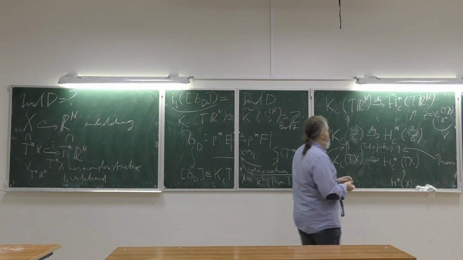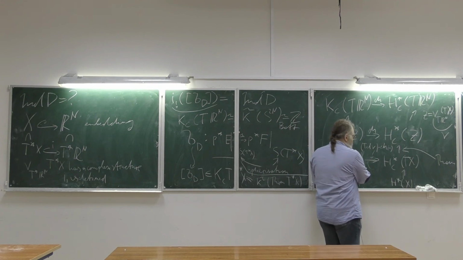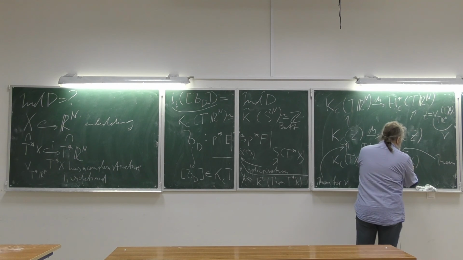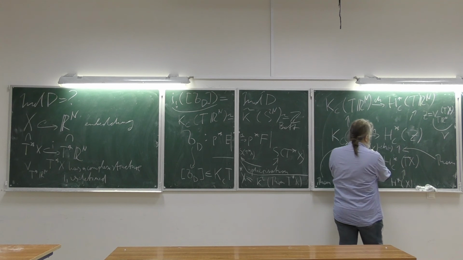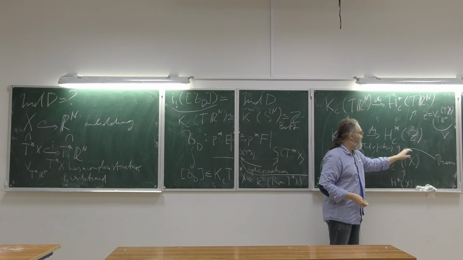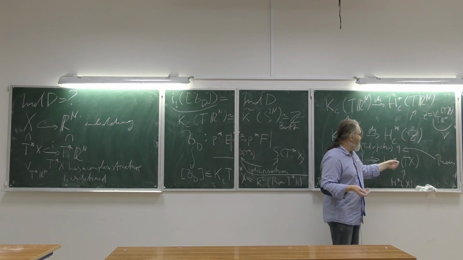So again, what does this map do? It takes an element here, takes the Chern character. The Chern character is an element here. Now we can multiply elements of the compactly supported cohomology by elements of the usual cohomology.